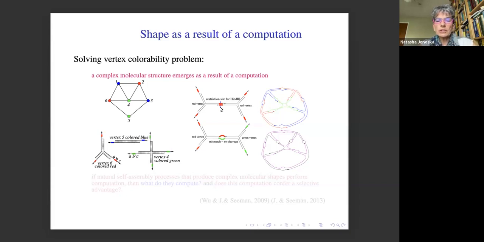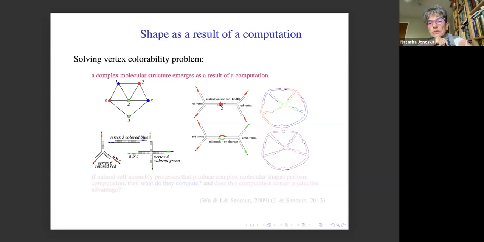The design is such that inside the sequence that encodes the color, we have put a sequence that is recognized by a restriction enzyme. When two molecules of the same color join, I have this full coloring of the edge, the complements are complete, and I have a double helical structure.